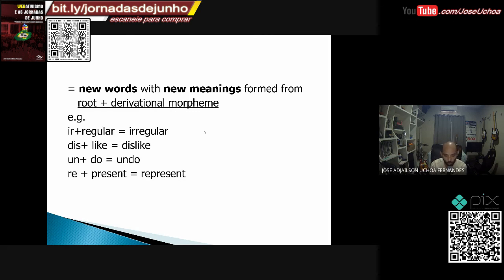Represent is to present, again I add the prefix re. So I have either prefixation or suffixation to form the process of word what? Formation.